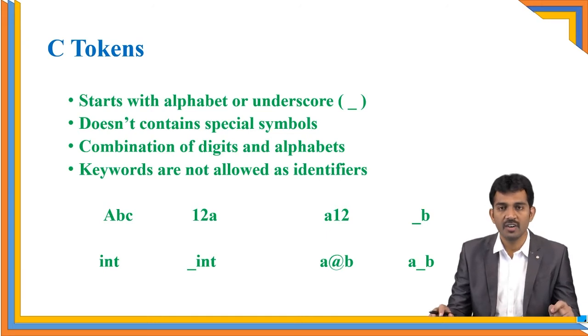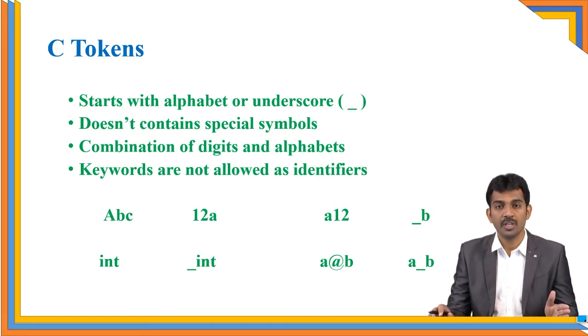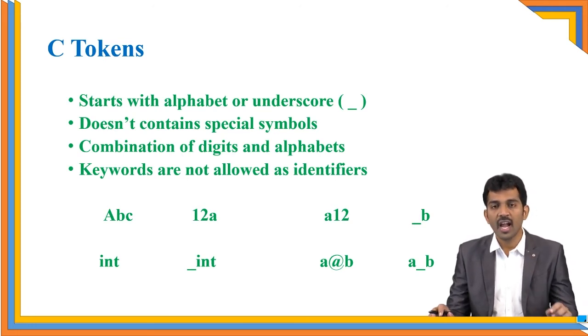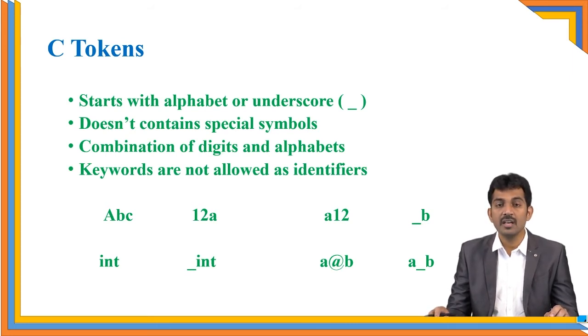Coming to keywords, keywords are not allowed as identifiers. Just now I told you, keywords are reserved words used for the developer's purpose. You don't have a provision to use keywords for your own purpose. Here I have given some examples. Is ABC a valid identifier or not?